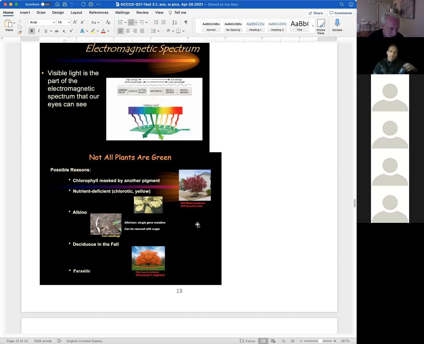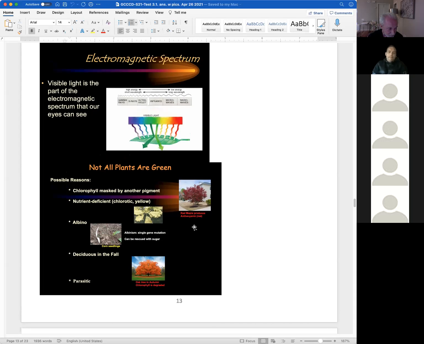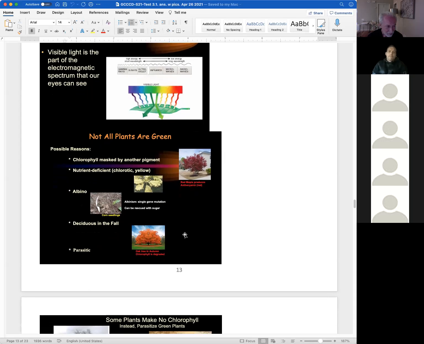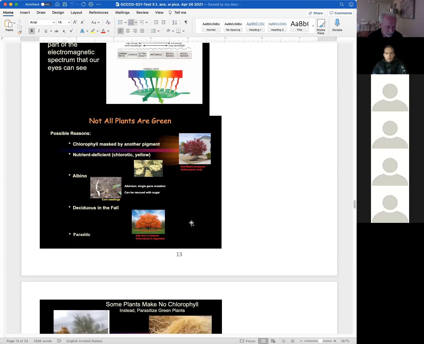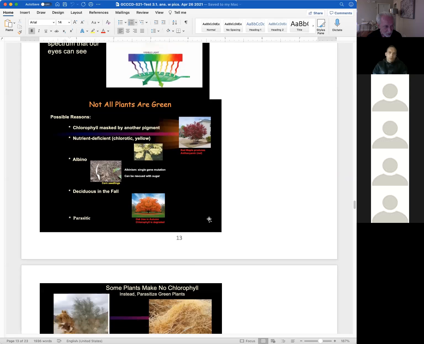So that's not a reasonable explanation for seeing an orange plant. If it were in the fall and leaves were falling, it could be a deciduous tree whose chlorophyll has been degraded because it's that time of year.